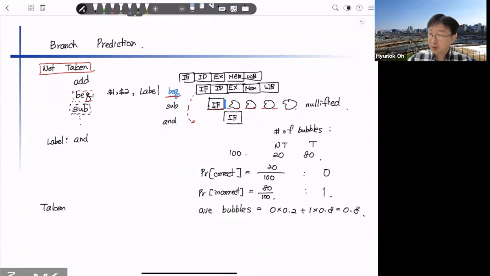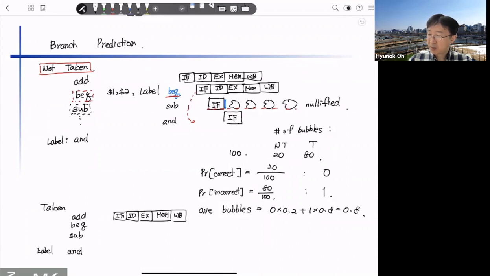Okay, so we have add, branch equal, subtraction and label, and then what is happening is instruction fetch, decode, execution, and write back.